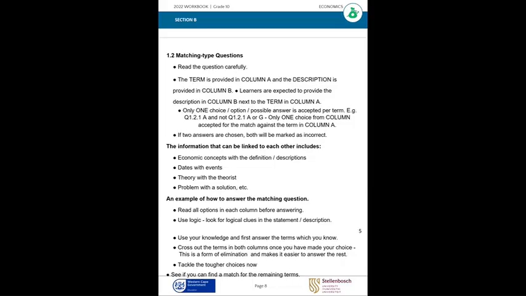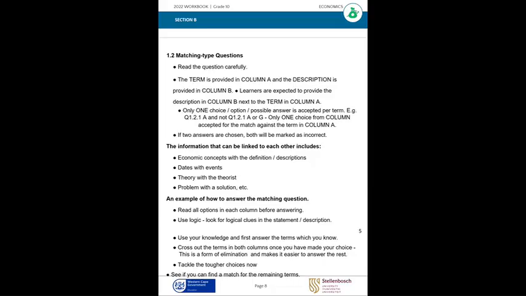You've got to choose only one letter, right? The information that can be linked to each other includes economic concepts with a definition or description, dates with events, theory with the theorist, problem with a solution, etc.